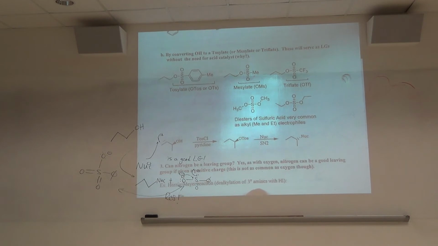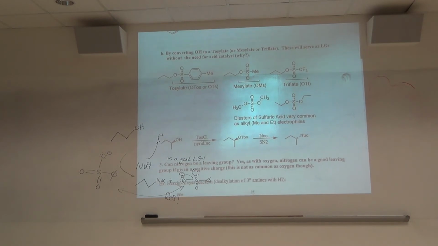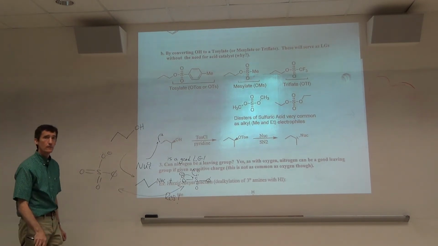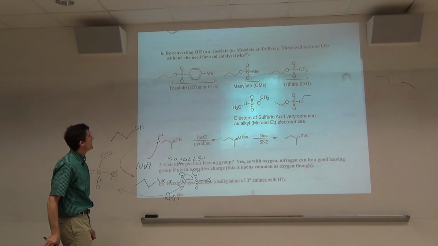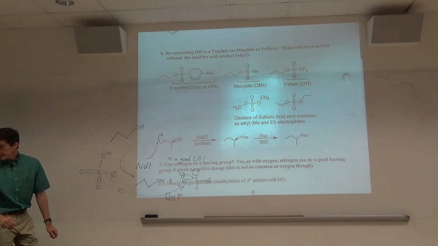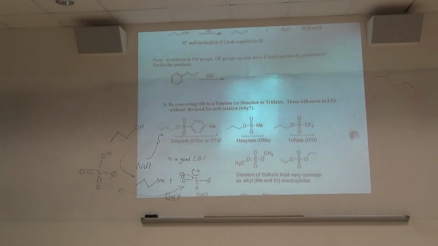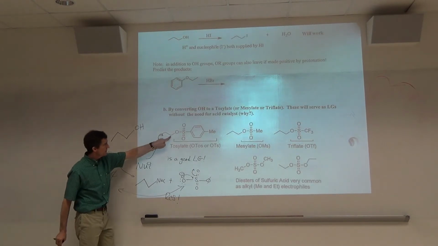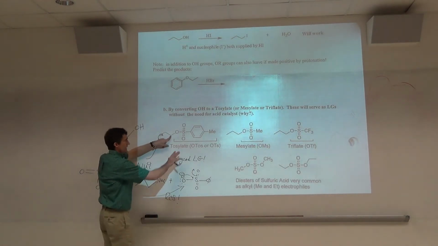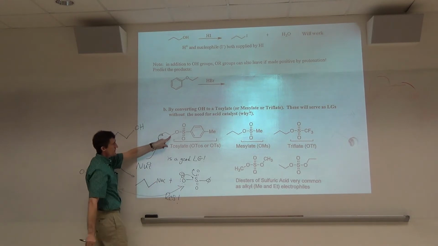Professor, would it possibly not be bulky during the substitution? It is a little bit, but it's away from the reaction site. The reaction site is here. It is a little bulkier, but the reaction site is still classified as what type of carbon?